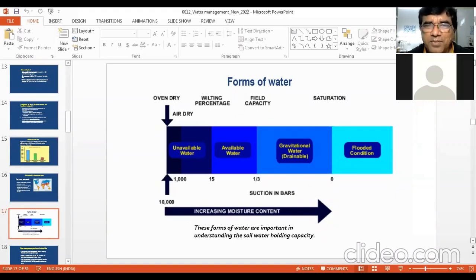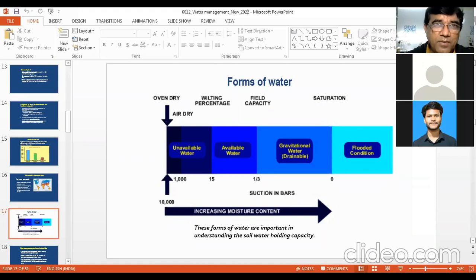Can anyone tell me what is field capacity? Yeah, Krishna Patidar. What is field capacity? Sir, the amount of water which is retained in the field is known as field capacity. It's retained in the field after flooding, with the drainage of water for 24 to 36 or 48 hours, something like that.